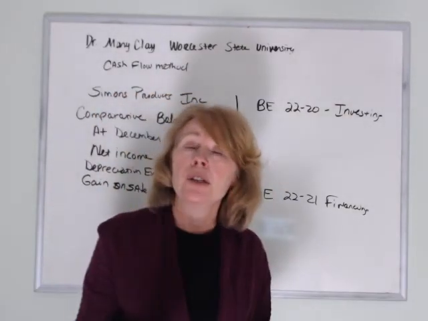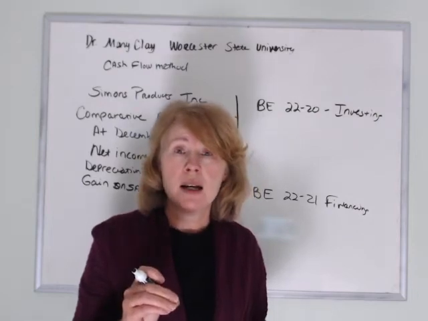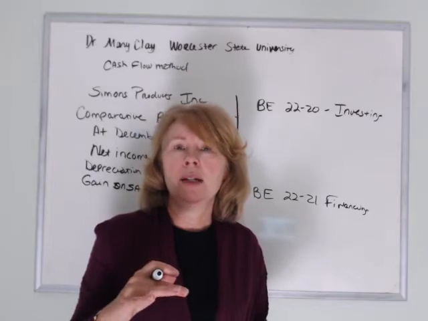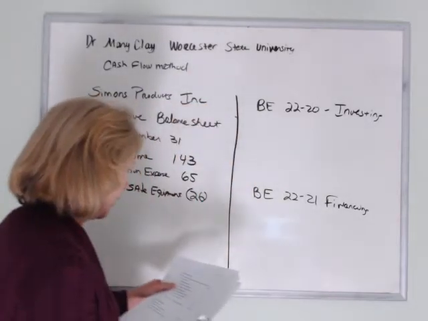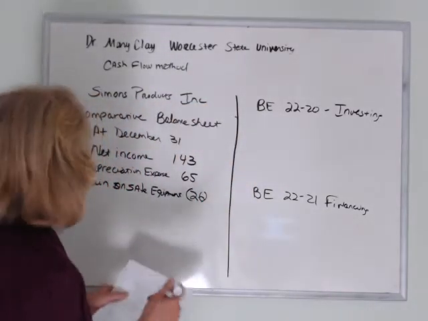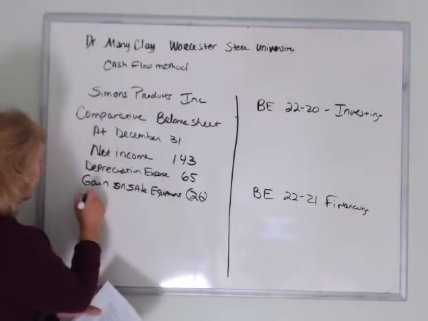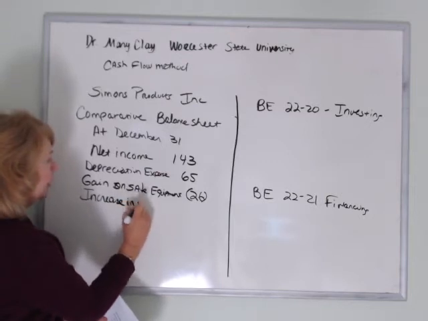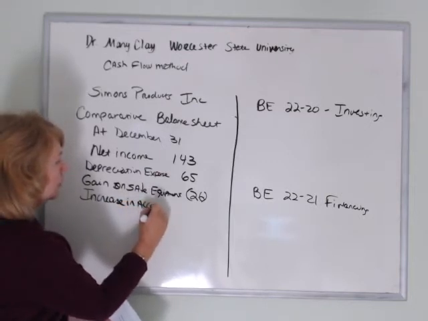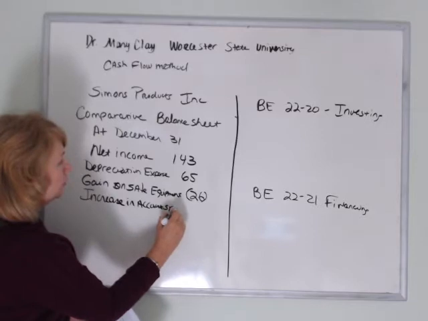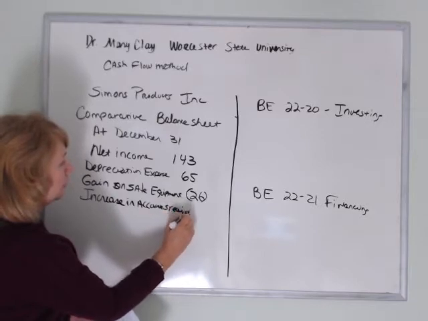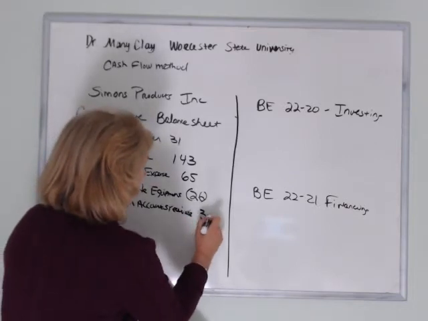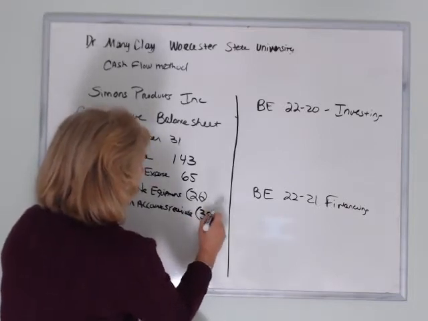Remember, you have to know the difference between current assets and long-term assets, current liabilities and long-term liabilities. Okay, so I go over here and I put increase in accounts receivable, running out of room, and it's an increase, so I'm going to show it negative.